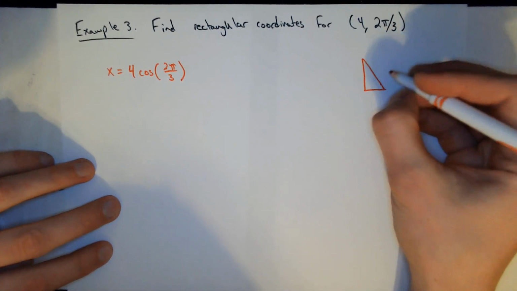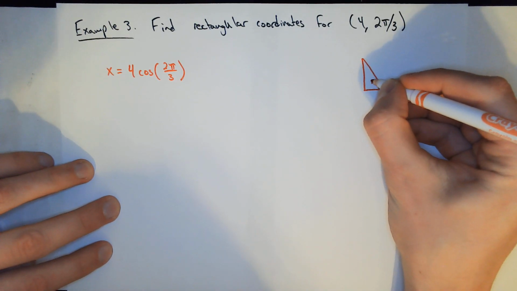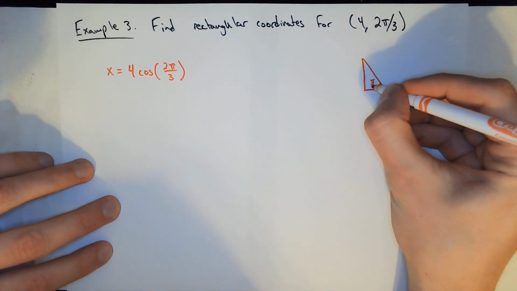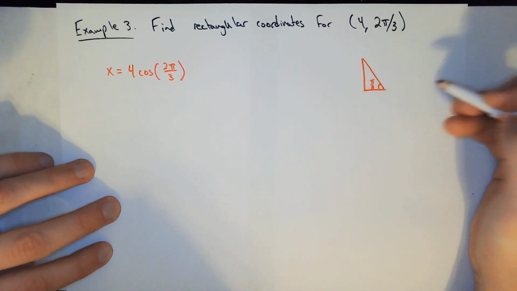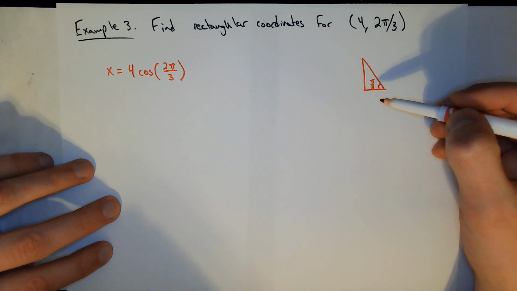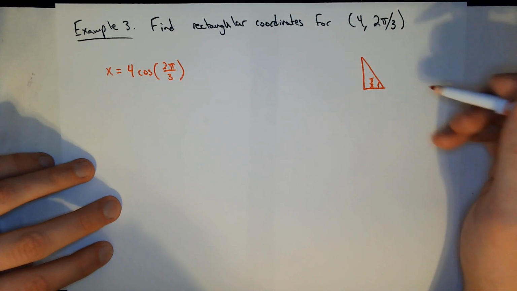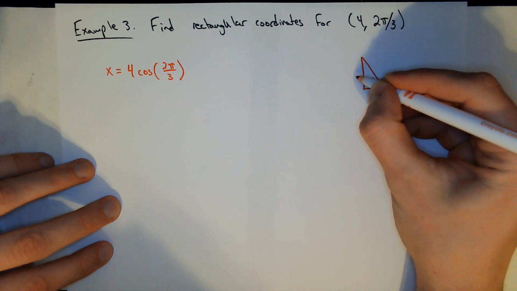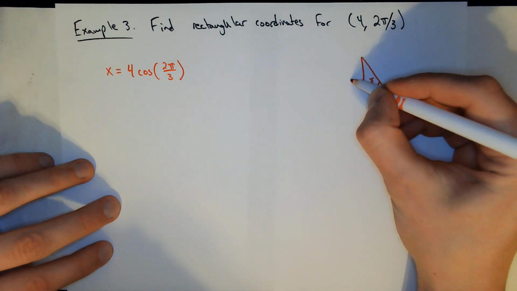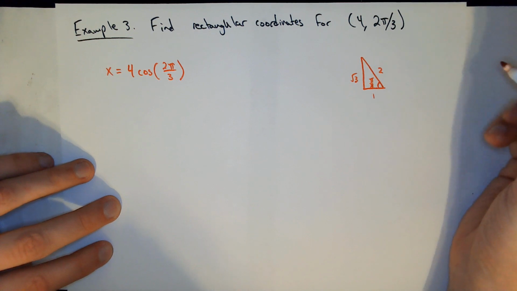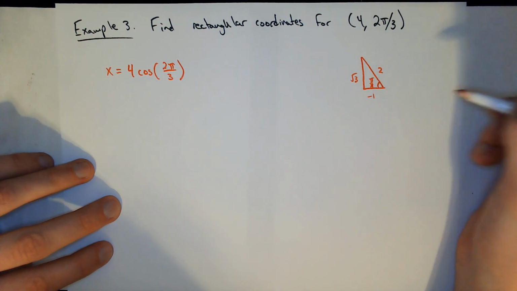Draw my reference triangle here. This is a reference angle of pi on 3. And the reference triangle looking like this should have side lengths 1, square root of 3, and 2, where in particular the x value is negative.